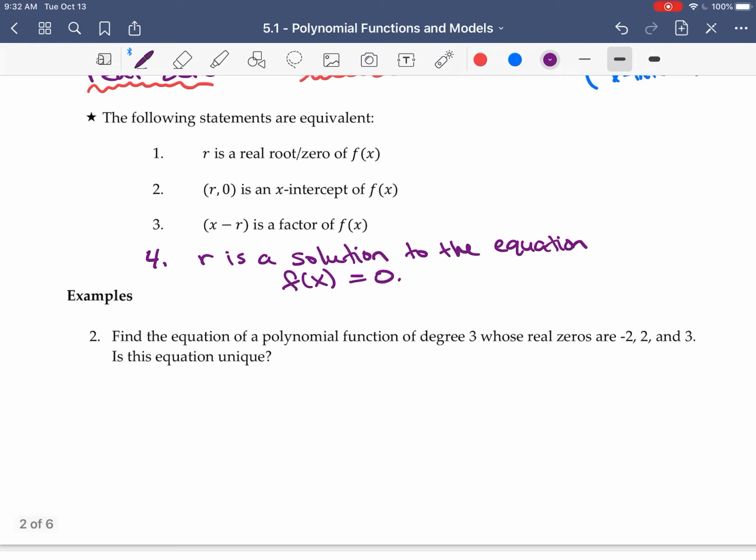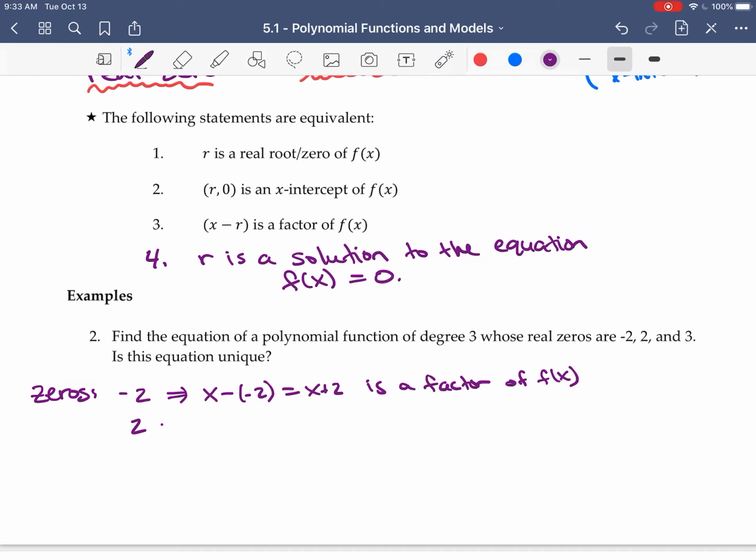So if they tell us what the zeros are, we can find an equation for a polynomial that satisfies that. So the first zero is minus 2. That tells me that x minus negative 2, or x plus 2, is a factor of f of x, by number 3.